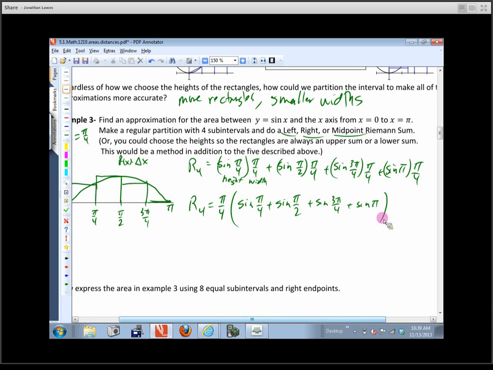If somebody would grab your calculator, that would be helpful. Now a couple of those you know: sine of pi halves is 1 and sine of pi is 0. These are both 1 over radical 2, or radical 2 over 2. So R4 would be pi fourths times, let's see, this is going to be 1 plus radical 2. Now, if you type that into the calculator, what does it say?